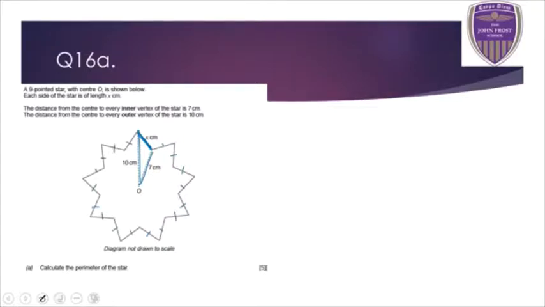Okay, so what I did was I isolated the triangle. I took it out. That's x centimeters, that's 7. That's the centre, that's 10. Okay, and I labelled it A, B, C. Because we're working out x, you can't work it out just based on two sides. You need an angle.